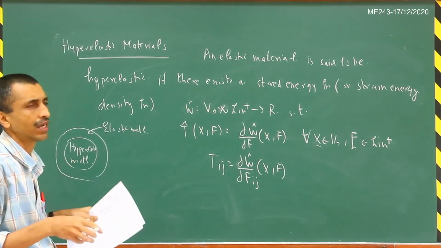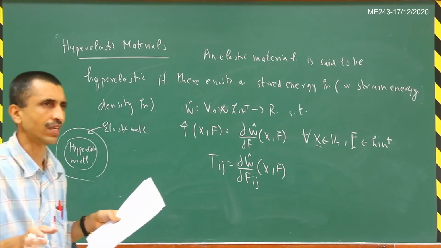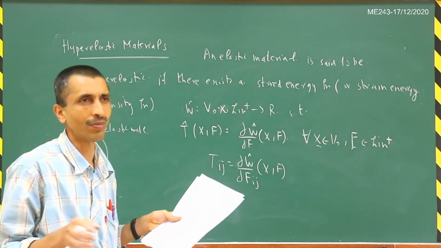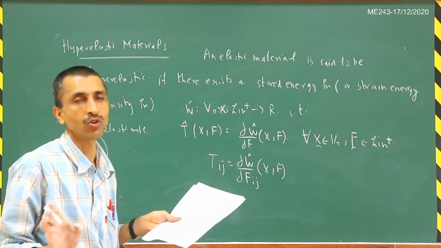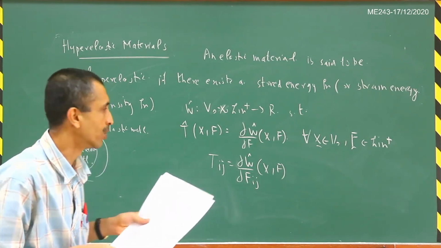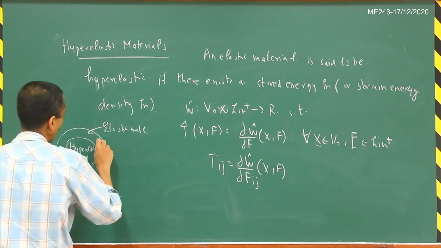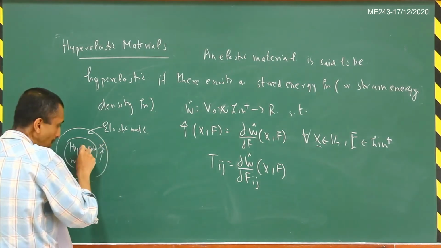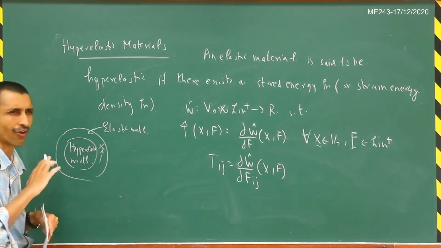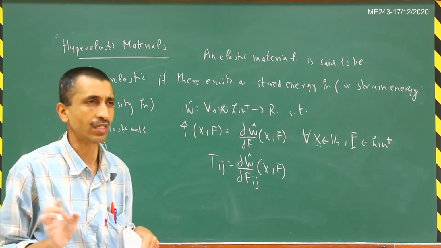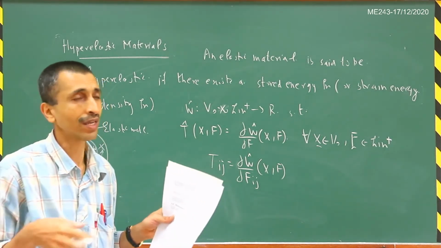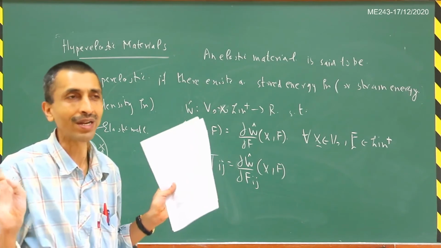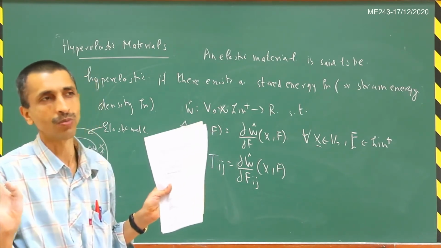But typically in the literature, if they assume a material to be elastic, they also assume it to be hyperelastic. You will not find any material model which is elastic but not hyperelastic. At least in whatever literature that I have looked at, they will typically immediately assume it also to be hyperelastic.